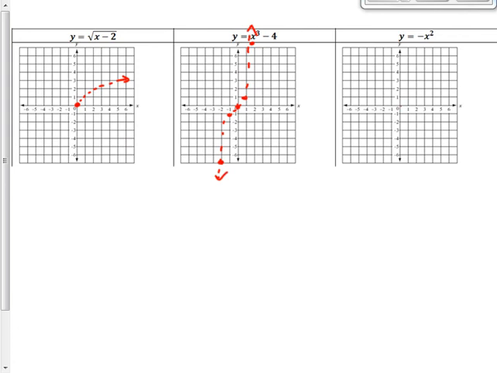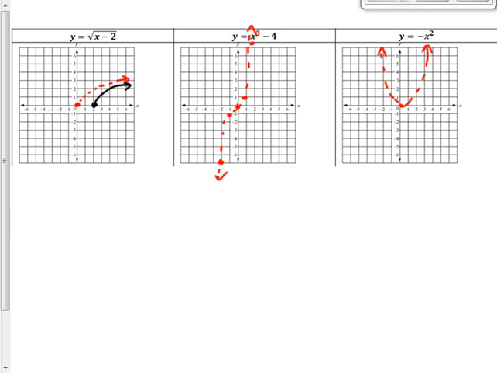And another x squared, which still looks like a parabola. So I'm taking the square root, the first one here, and I'm doing minus 2 on the inside. Minus 2 on the inside actually means that I'm moving this right 2. So it's the same function, right 2.